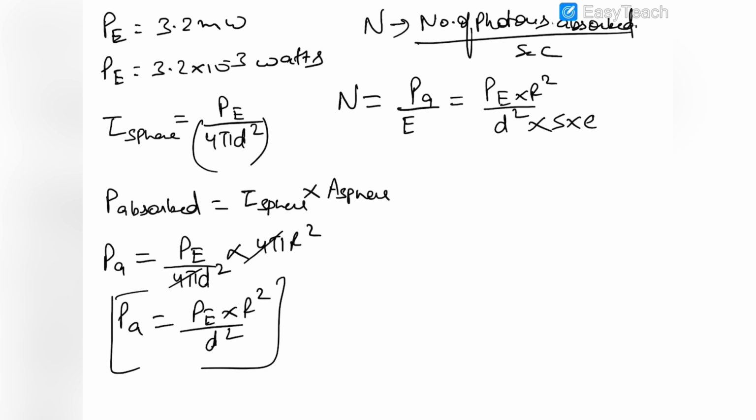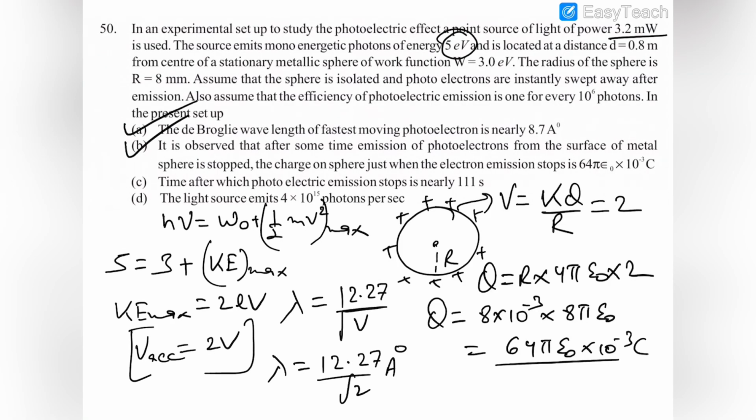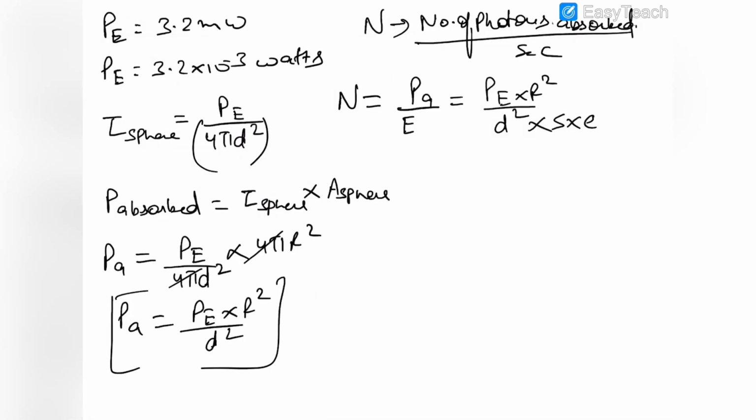Now we know that 1 out of 10 raised to power 6 photons, you can see that it is given in the question that efficiency of photoelectric emission is 1 for every 10 raised to power 6 photons, which means that 1 photon out of 10 raised to power 6 photons will emit photoelectrons. So if this is the number of photons absorbed, then let us suppose that n is the number of electrons emitted per second.